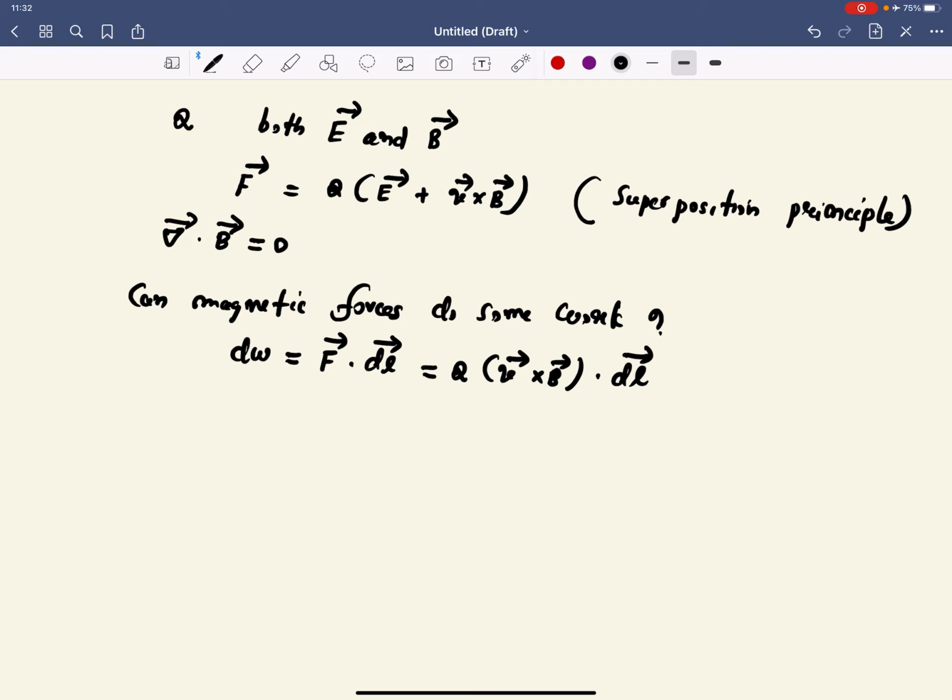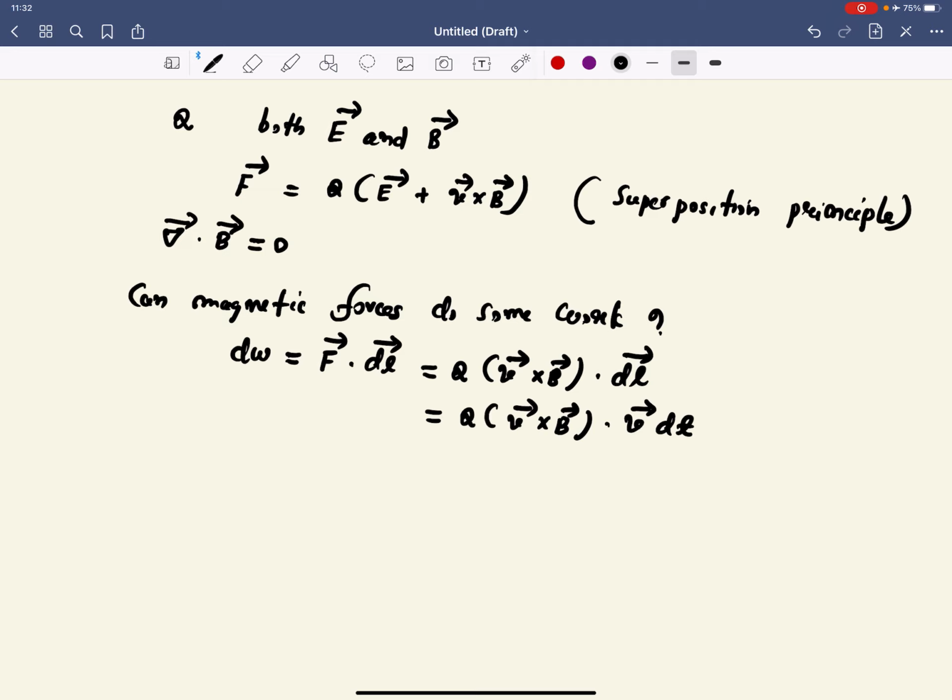Now this dl can be written in terms of the velocity vector; for the steady state current we are talking about, dl is nothing but V dt.